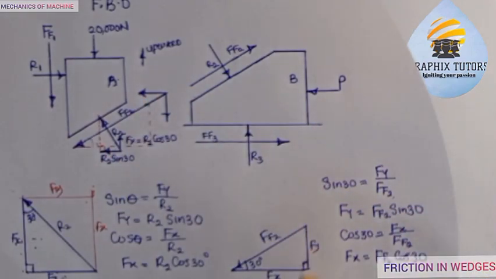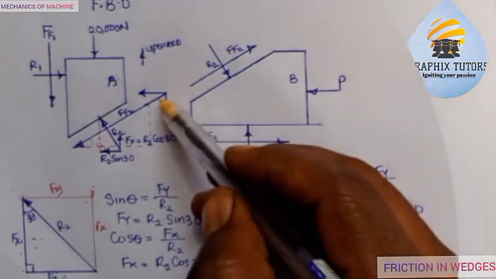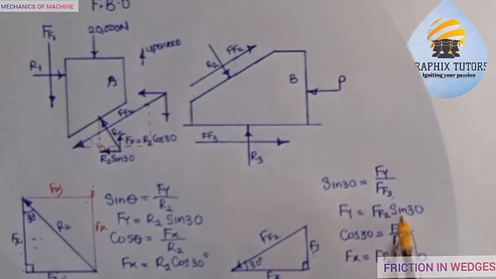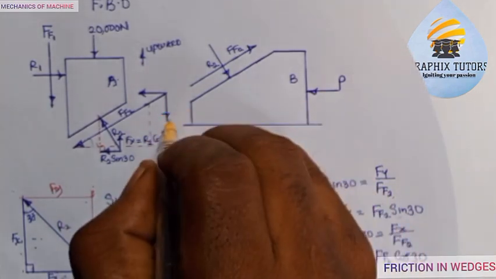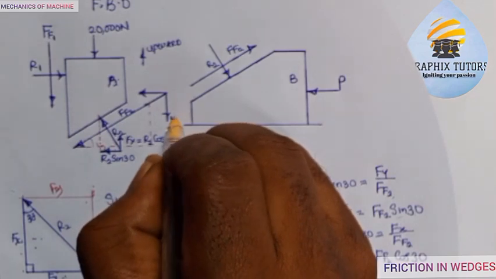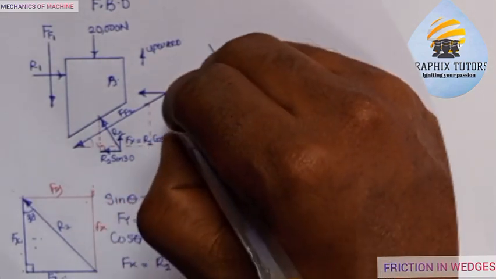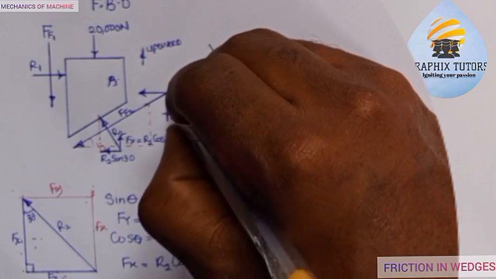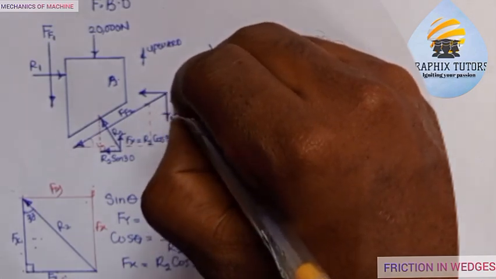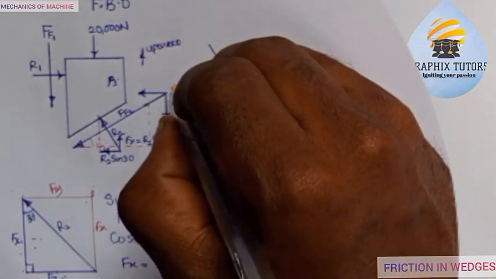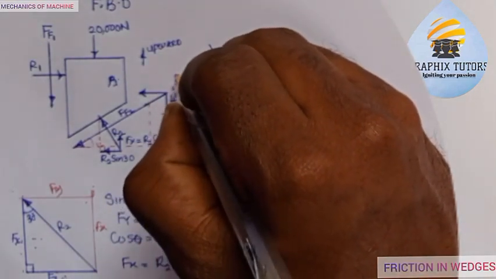Now this is Fy coming down, and this is another Fy here, right? So what's my Fy? Fy is frictional force 2 sine 30.